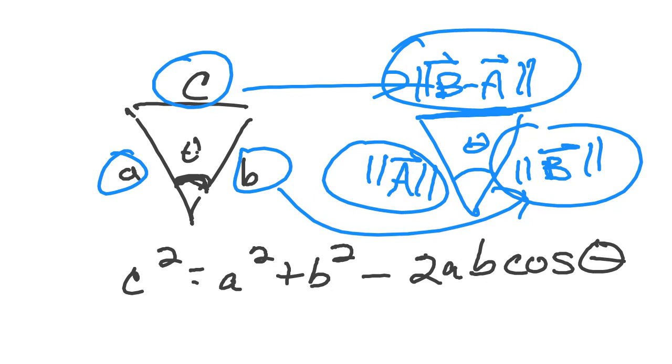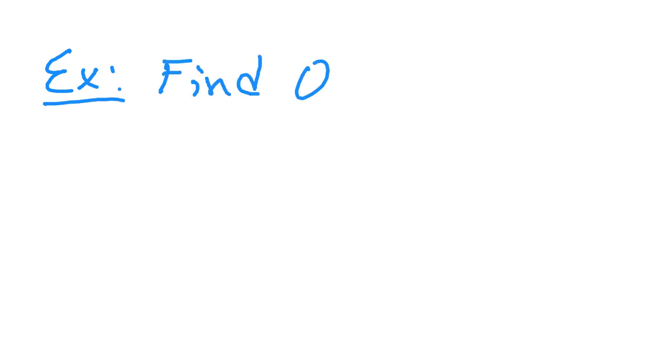But let's just look at a quick example. If we want to find theta between two vectors, let's just do a different one than is in your notes, hopefully. So find theta between, let's just do two different vectors.